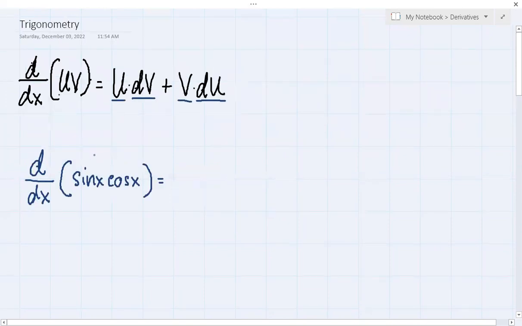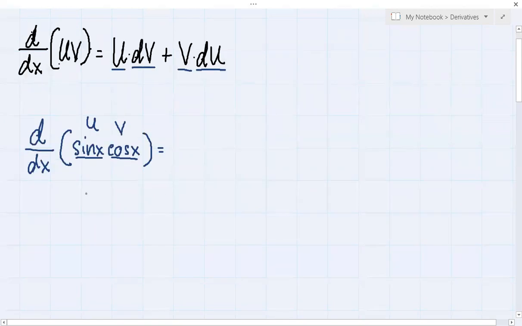So in here, pick which one will be your u and which one will be your v. So for me, I will pick sin x as my u and cosine x be v. So we will have u as sin x, v as cosine x.